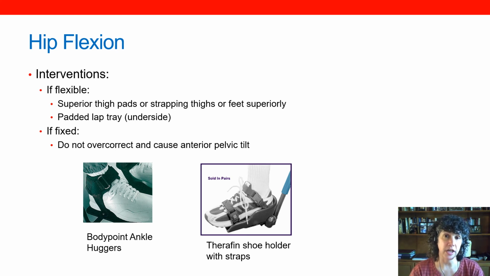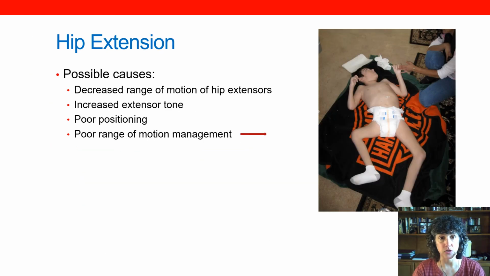If this is fixed, we have to respect the available range within the seating system. If we overcorrect and pull those legs down, we're going to pull the pelvis into an anterior pelvic tilt due to that lack of range.